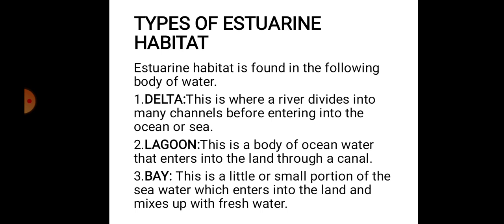All the lagoons you have seen around Lagos State are as a result of some water that breaks out of the sea, breaks out of an ocean and enters into the land and forms a canal. So those waters you have seen around Lagos are lagoons formed from an ocean or a sea.